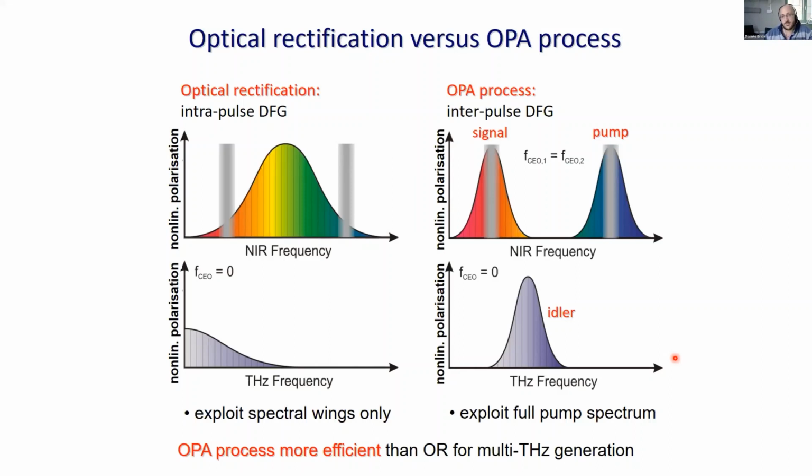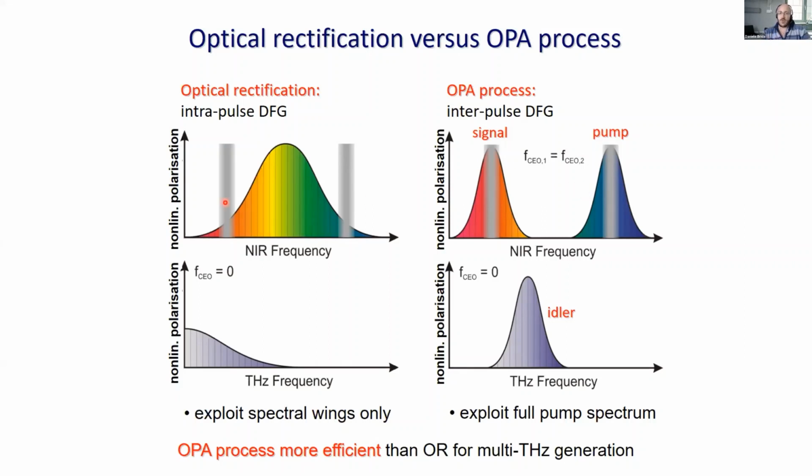Another way to have difference frequency generation, more akin to optical parametric amplification, is to have it between two independent pulses, in which the idler is the result of the difference frequency generation process. The advantage of this second approach is that intrinsically you have more energy to drive your process. So the process is more efficient in terms of counting photons.